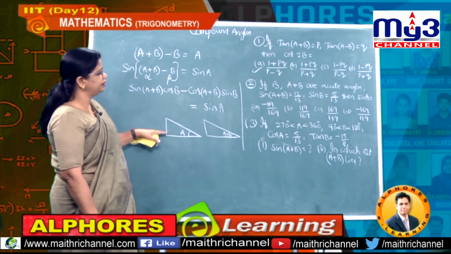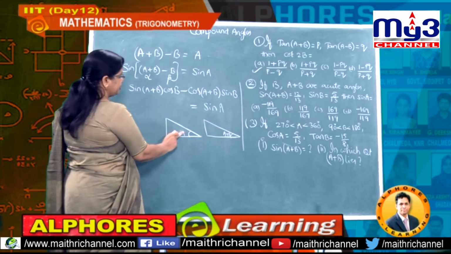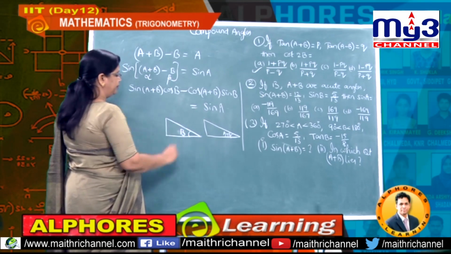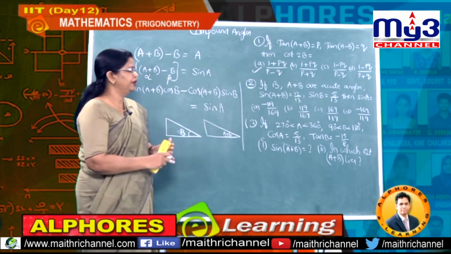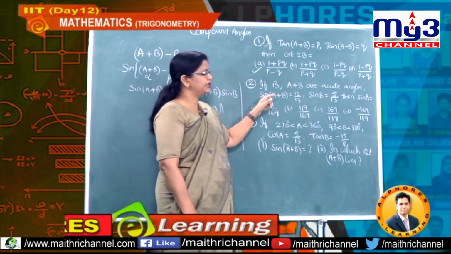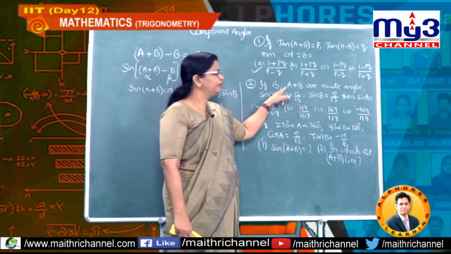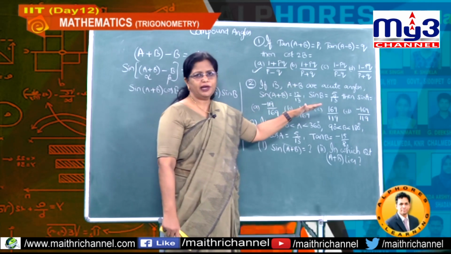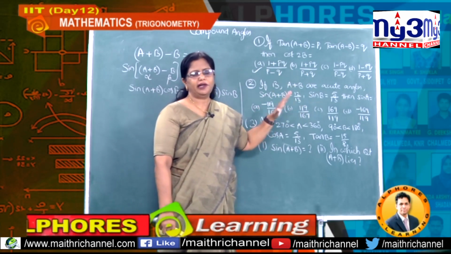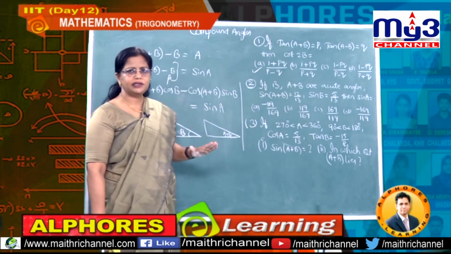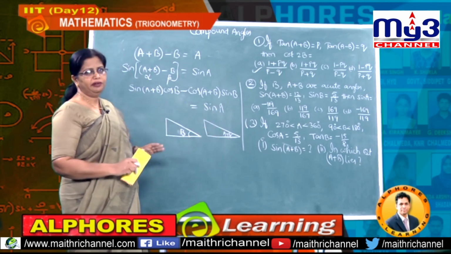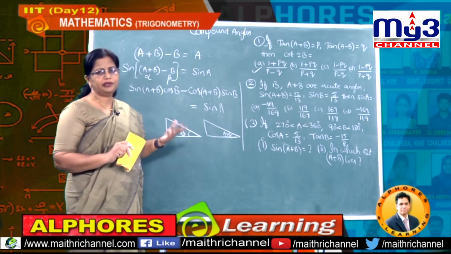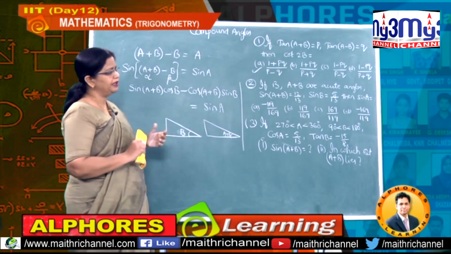Now let us observe here sin B is given, so this is our B value, and the other one sin A plus B is given, so A plus B. Now what other condition should you observe in the problem? These two are given as acute angles, that means take it for granted all trigonometric function answers are positive. Therefore, with acute angles given, no problem of checking the signs of the trigonometric functions.